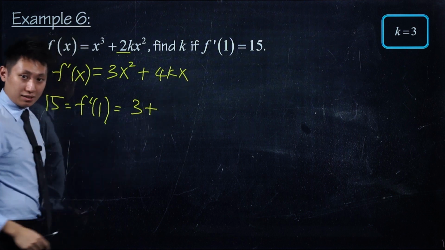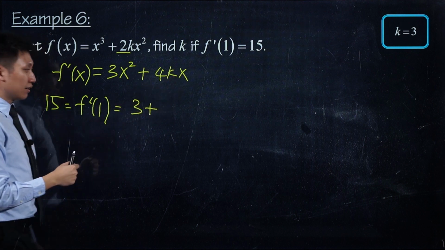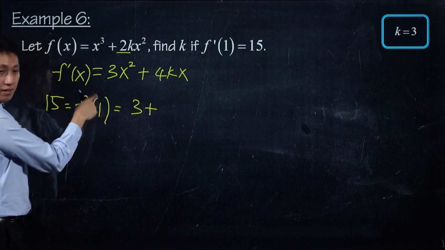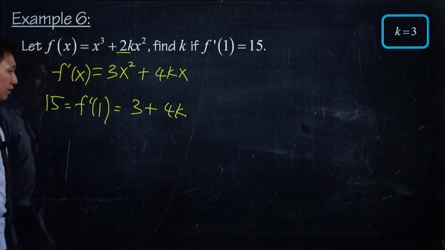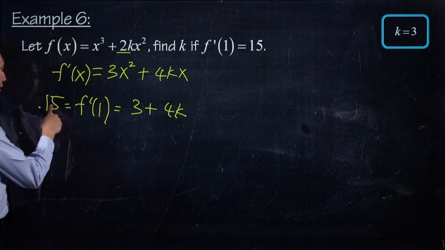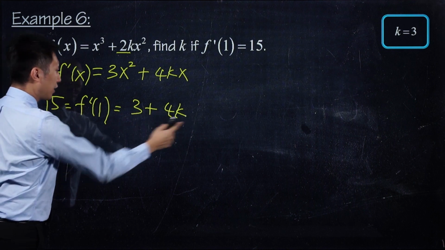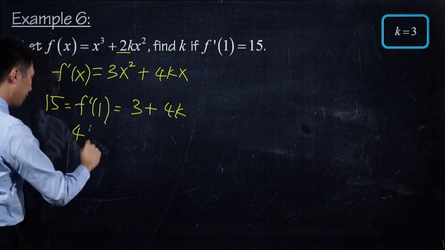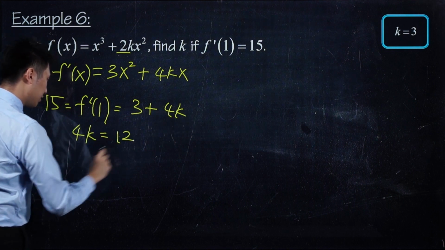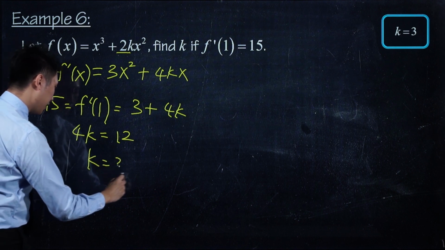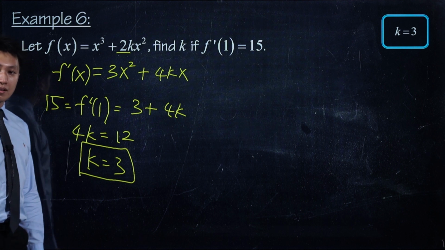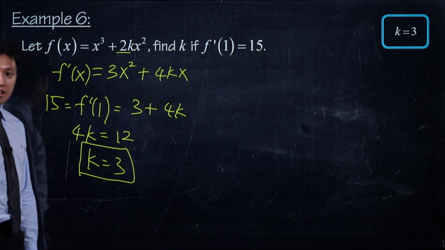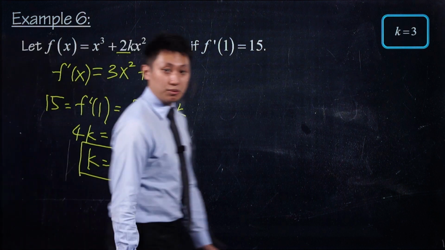So I solve: 15 is equal to 3 plus 4k, so 4k is equal to 12, so k is equal to 3. I am done. Very simple. No problem with this? Great. Let's move on to the next one.